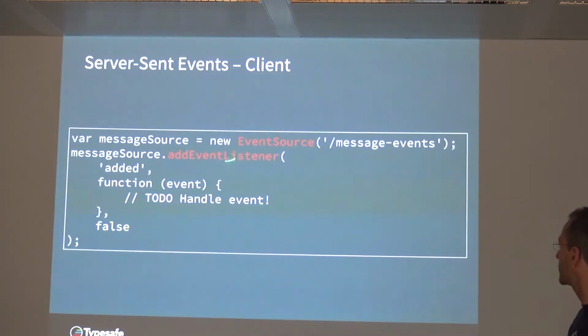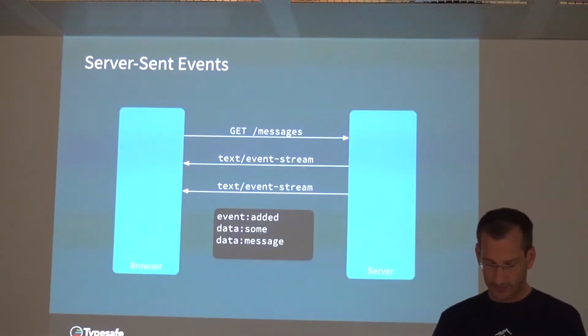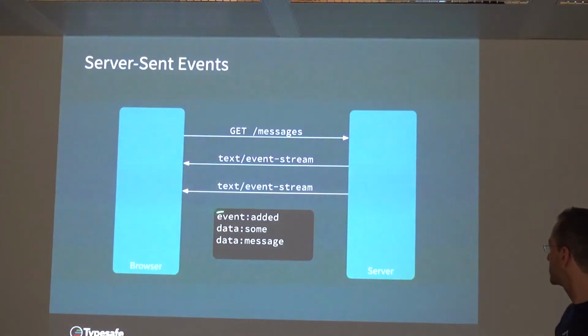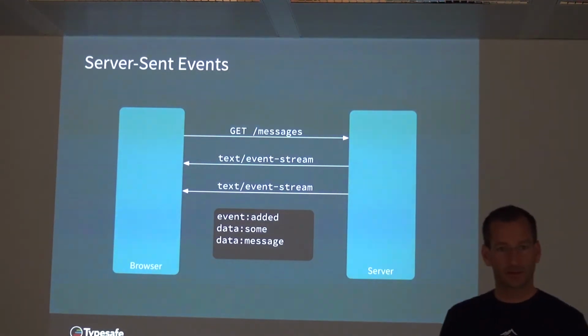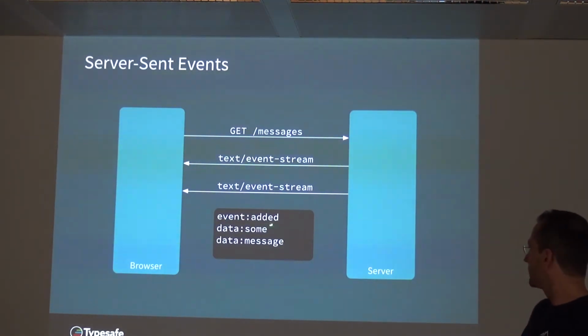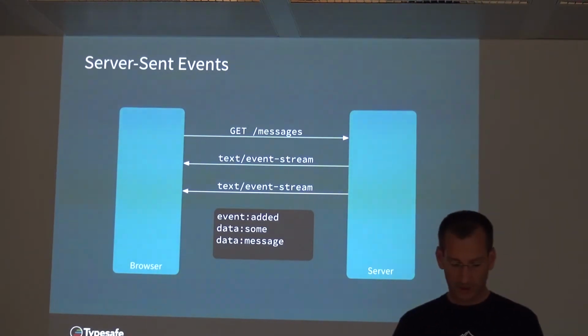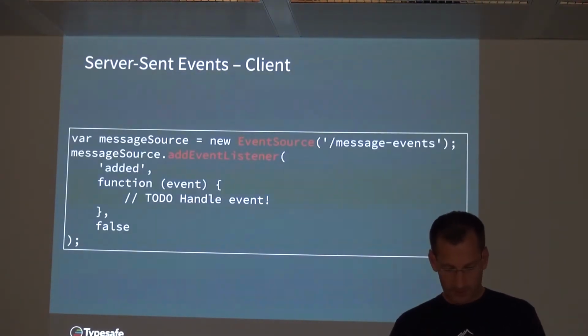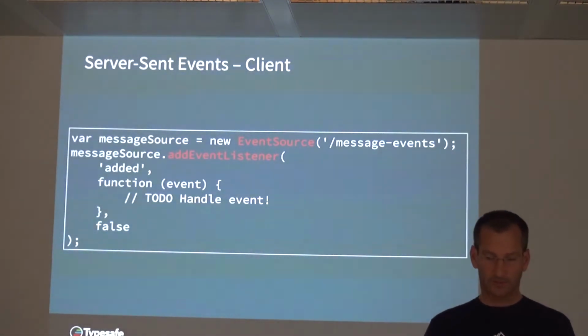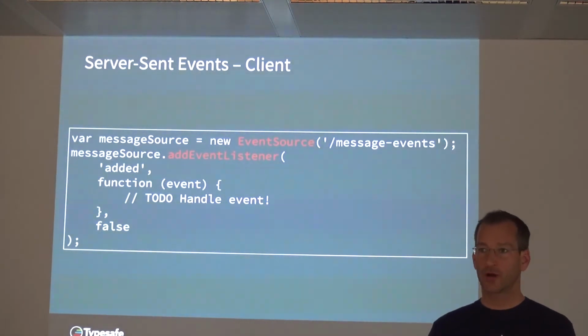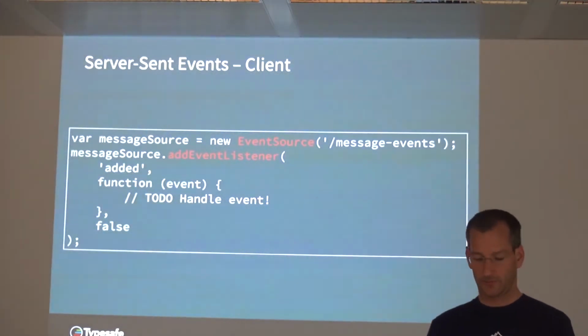And in this case here, we register a listener for the edit event type. So here we have the event type. If there's no event type given in such an SSE, the default is message. But we are interested in edit and removed and these events. And then we need a function to handle the event. That's all you need to do in the browser.